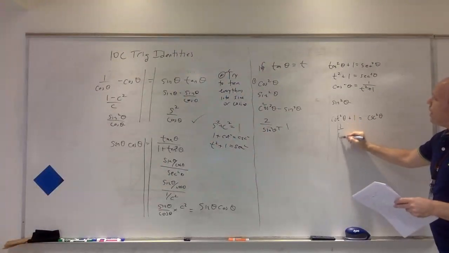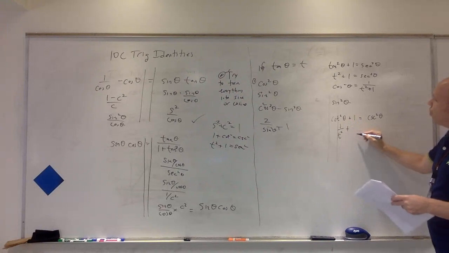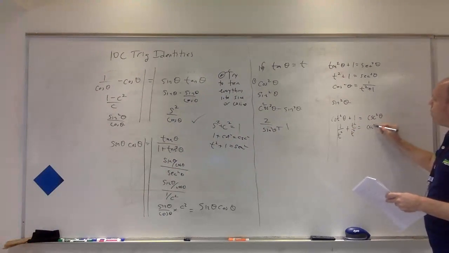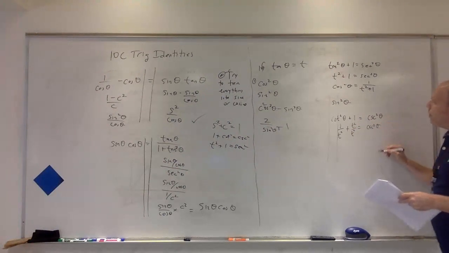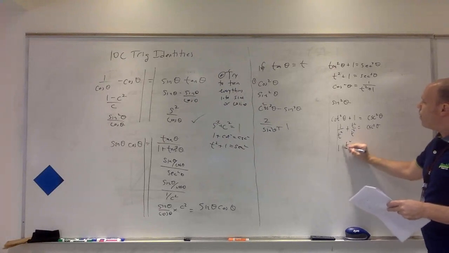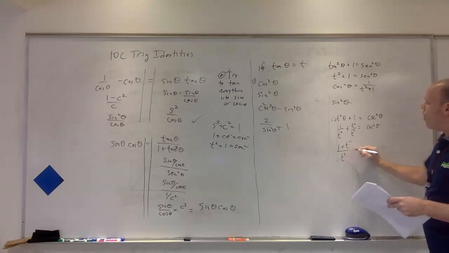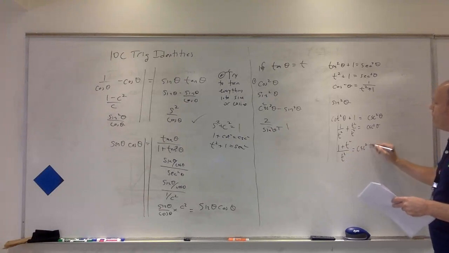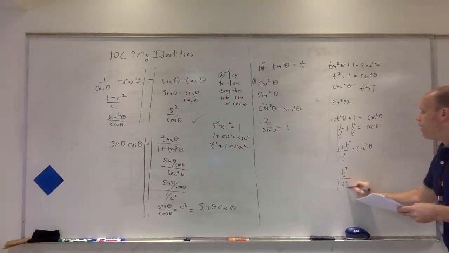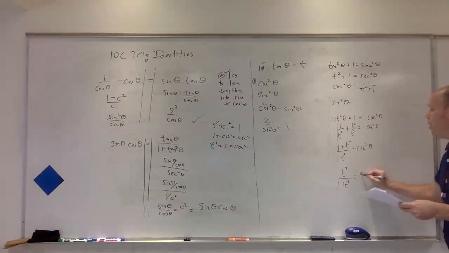So I know that 1 over t squared plus 1 is equal to cosecant squared theta. And so 1 plus t squared over t squared equals cosecant squared theta. So I know that t squared over 1 plus t squared is equal to sine squared theta.